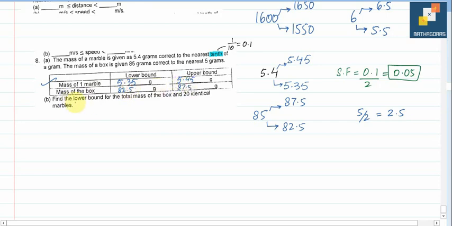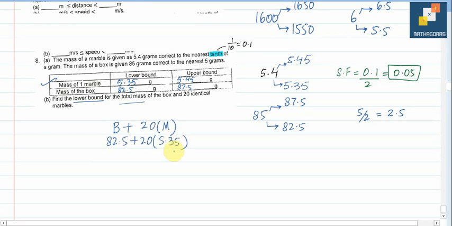Find the lower bound for the total mass of the box and 20 identical marbles. So the lower bound for the box is 82.5, plus 20 times the lower bound for the mass of a marble, which is 5.35.